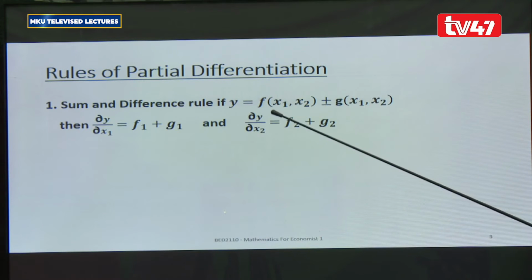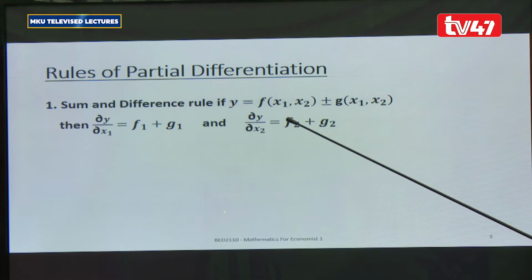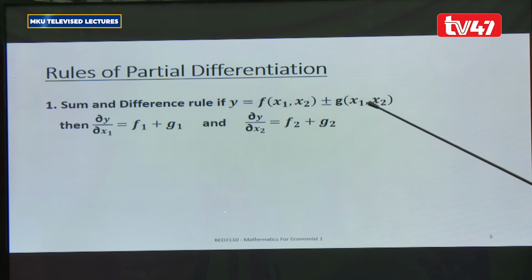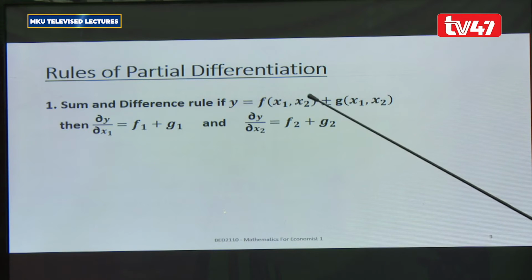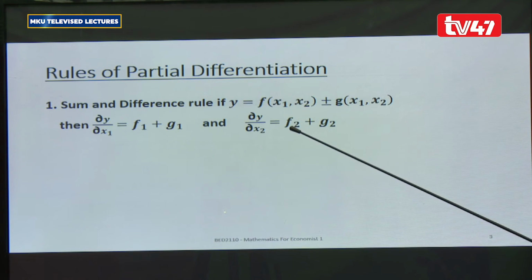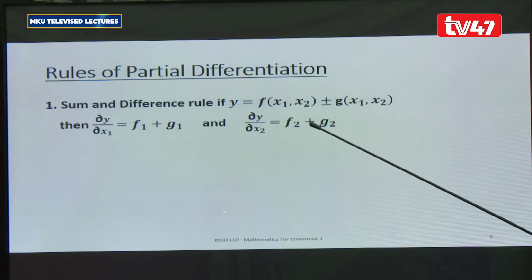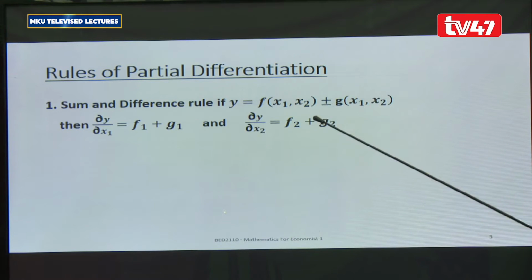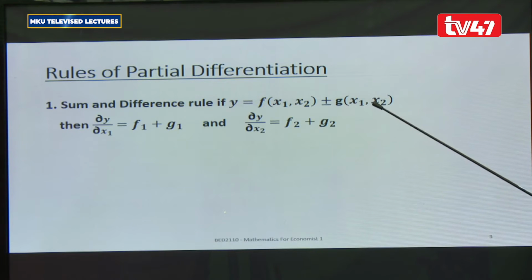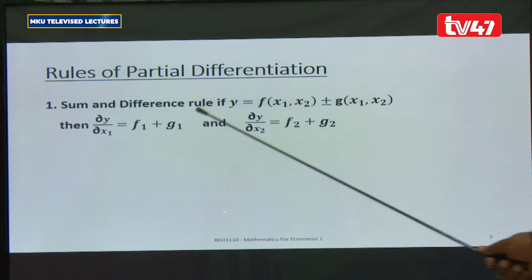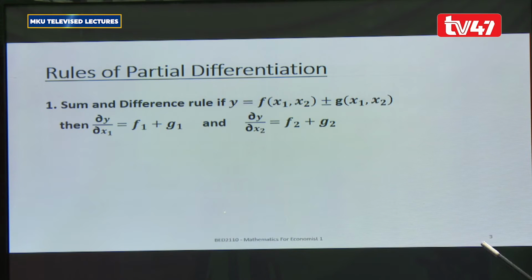We take the partial derivative of the first function with respect to x2. We plus or minus; if it was a minus here, we would have a minus here, but we are considering a plus. The partial derivative of the second function with respect to x2. So these are the rules that we shall be using to calculate such functions.